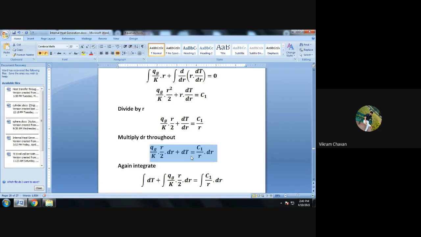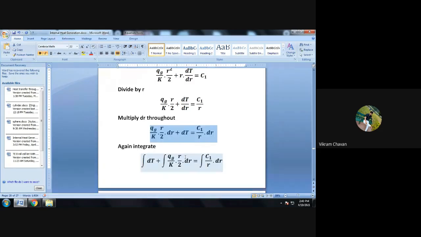Once the variables are separated, again you can integrate the equation, very easily.